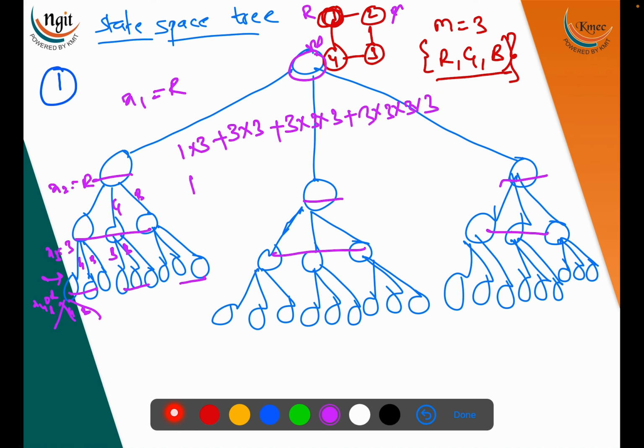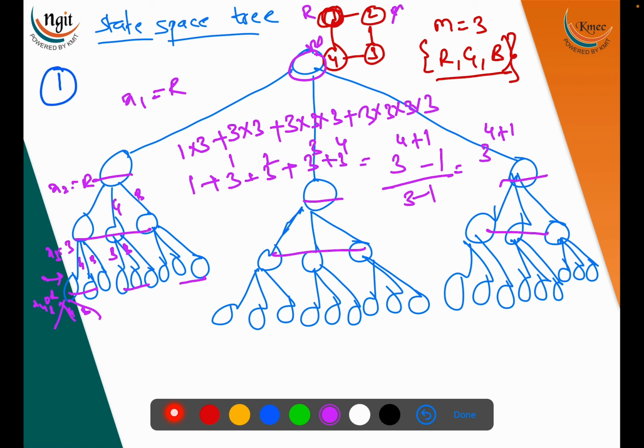Now, calculate this: 1 plus 3 power 1 plus 3 square plus 3 cube plus 3 power 4 is equal to (3 power 4 plus 1 minus 1) by (3 minus 1). That is (3 power 4 plus 1 minus 1) by 2, which is order of 3 power n plus 1.